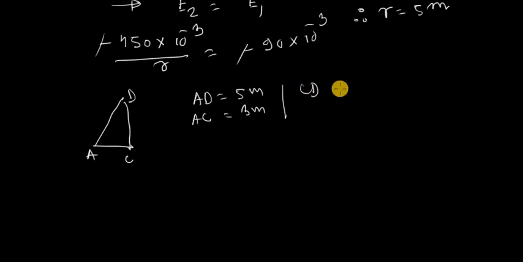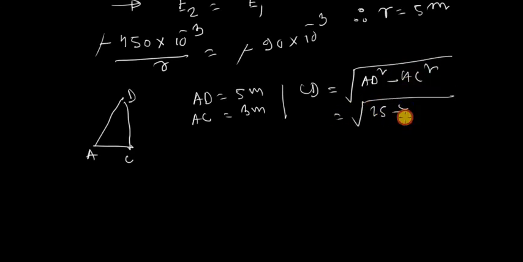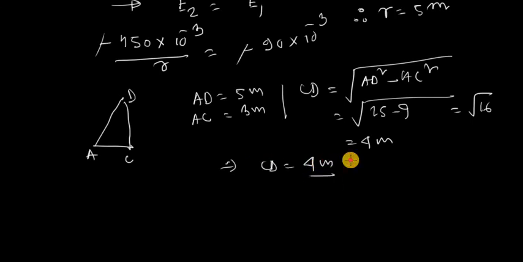What is CD? It is nothing but root over AD square minus AC square. This is 25 minus 9, 16, root over 16. That is equal to 4 meter. Therefore CD is equal to 4 meter.